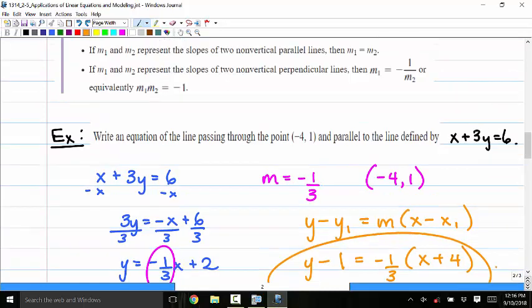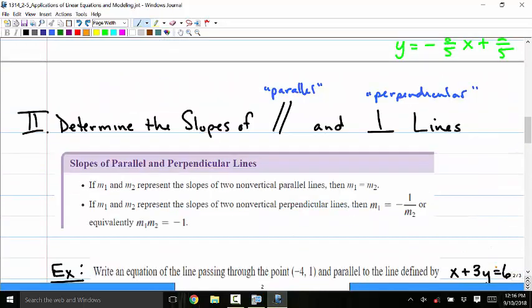All right, let's talk about perpendicular. Perpendicular lines intersect in a right angle, by the way. If you have two lines that are perpendicular, there's something special about their slopes. If M1 and M2 represent slopes of two non-vertical perpendicular lines, then M1 is equal to negative 1 over M2.